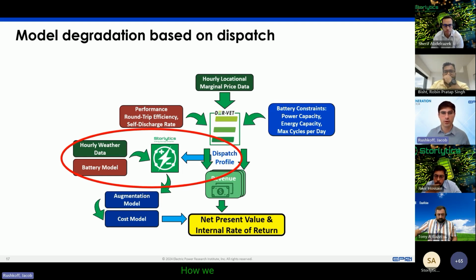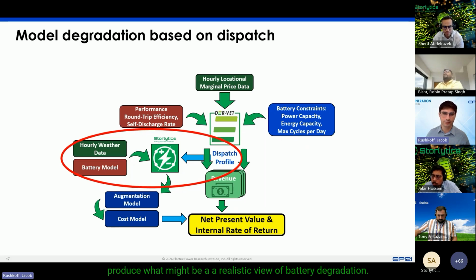In addition, other inputs to the Storlytics model, and I'm sure given this is a Storlytics webinar, hopefully some of you are familiar with this: you can input weather data and battery model data, so cell specifications and module specifications, to produce a realistic view of battery degradation.